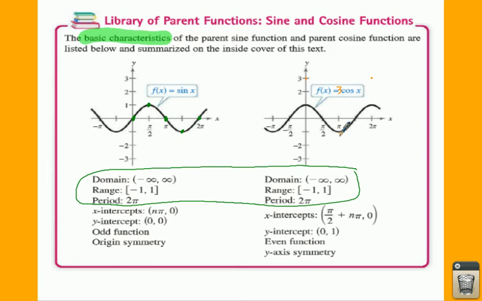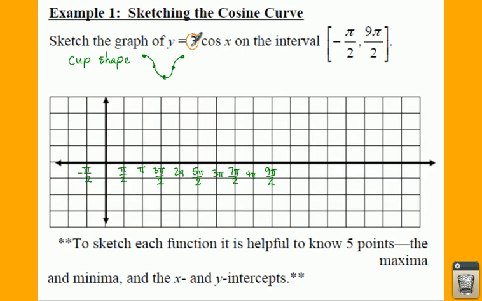And if that's at negative 1, it's going to drop all the way down to negative 3. That would make sense since we have a 3 out front. This is a vertical stretch.